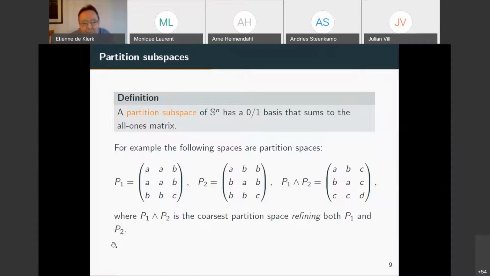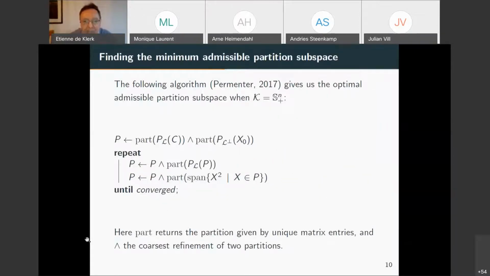And then there is a simple algorithm given in the thesis of Permenter that allows us to compute the optimal admissible partition subspace. This is very important. We do not know how to compute the optimal admissible subspace even for the positive semi-definite cone in general. But if we restrict to partition subspaces, then this algorithm does the job.